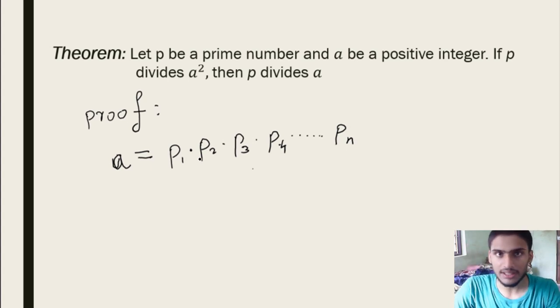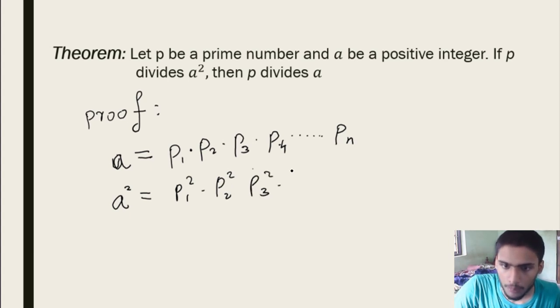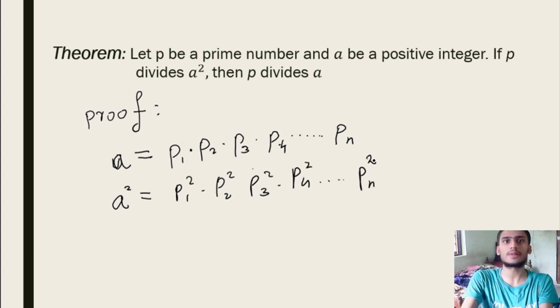So this is the prime factorization of a. And so the prime factorization of a square will be p1 square into p2 square into p3 square into p4 square all the way up to pn square. This is also an expression based upon the fundamental theorem of arithmetic, that is, p1, p2, p3, p4 up to pn are the prime factors of a square.